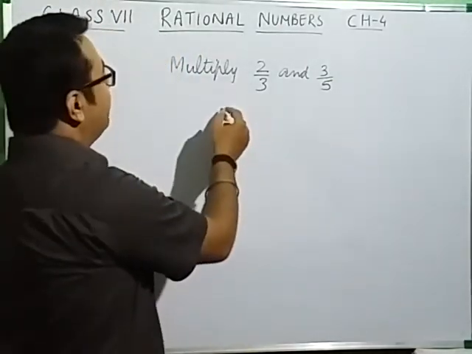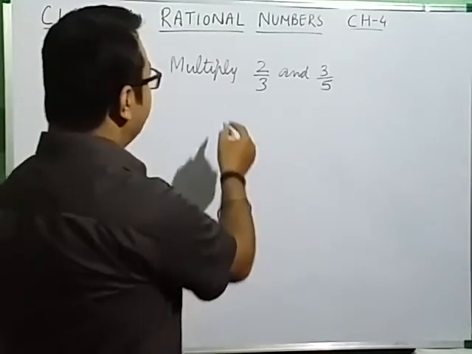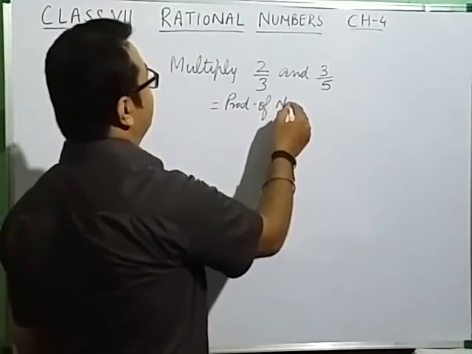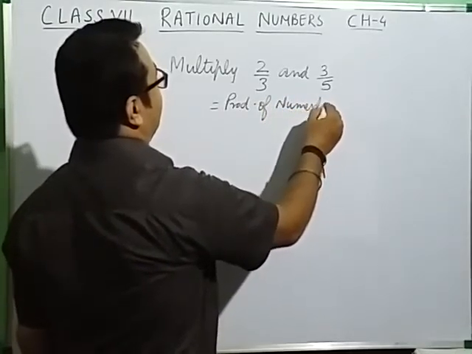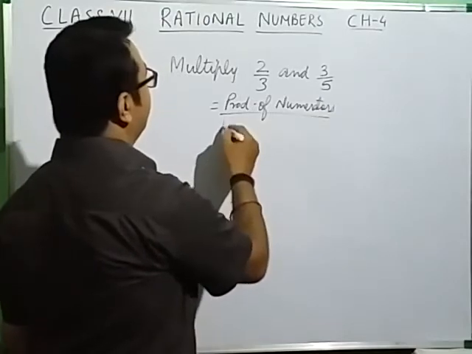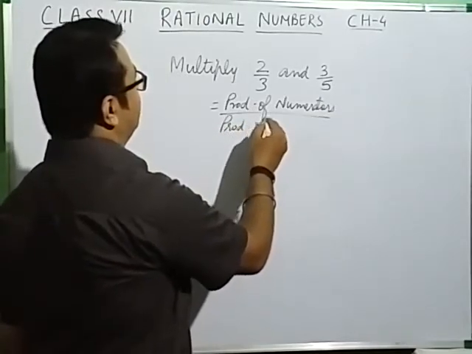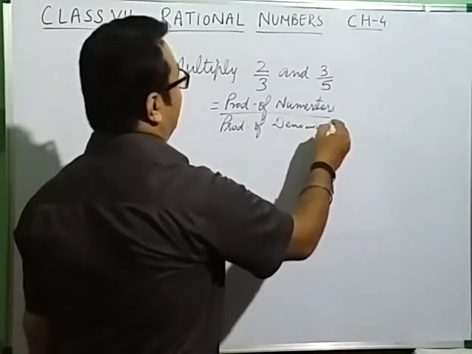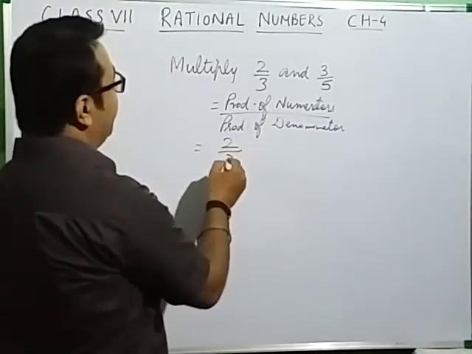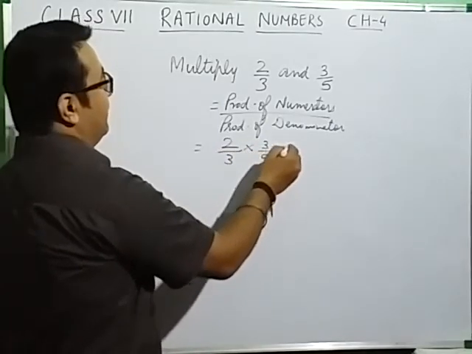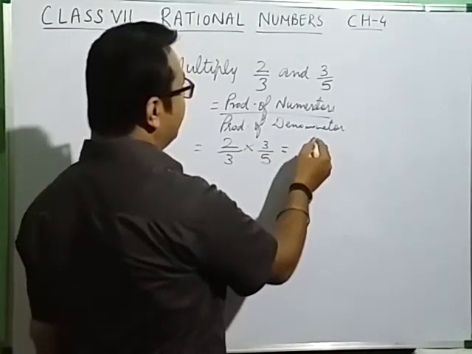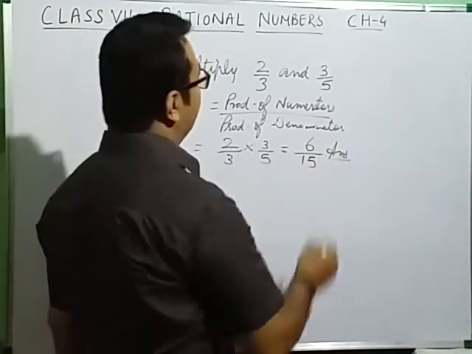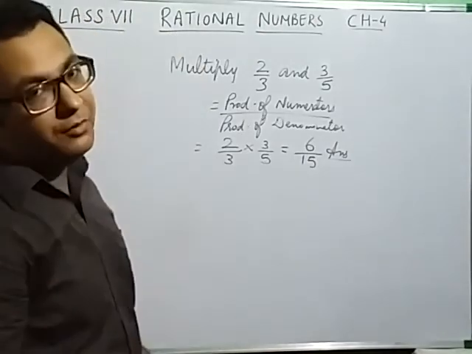The multiplication of two rational numbers can be written as product of numerators upon product of denominators. So 2 upon 3 into 3 upon 5. Product of numerators will give us 2 3s are 6 and 3 5s are 15. So this will be the product of 2 upon 3 and 3 upon 5.